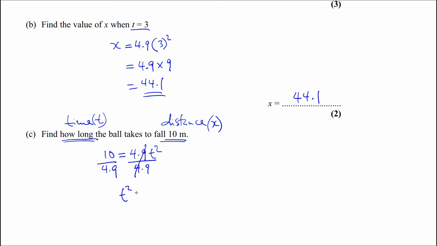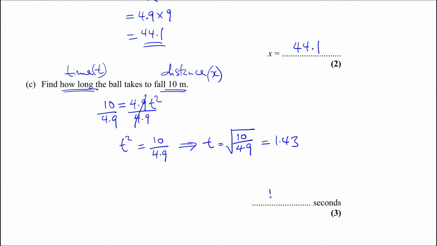So t squared will be 10 over 4.9, which implies that t will be equal to the square root of 10 over 4.9. And that will be equal to 1.43. So 1.43 seconds to 3 significant figures.